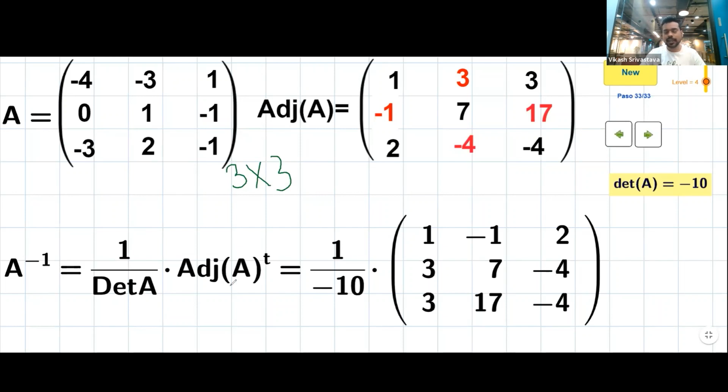Then we multiply by something called the adjoint of A. We take the transpose of it, and we call this the adjoint of A.